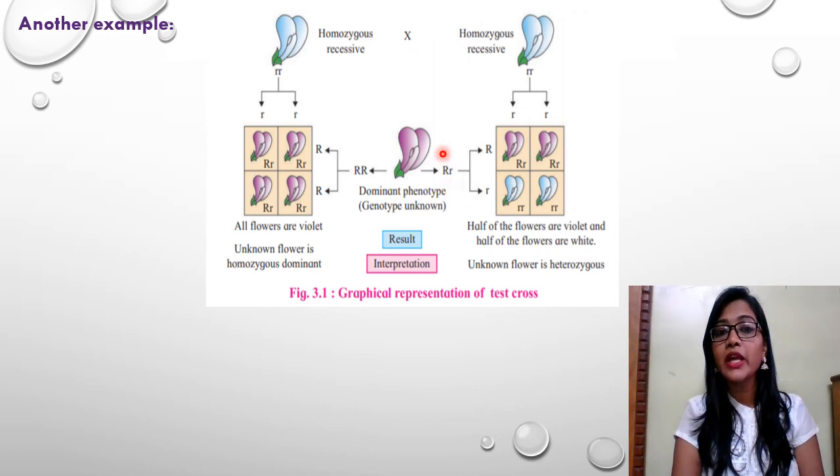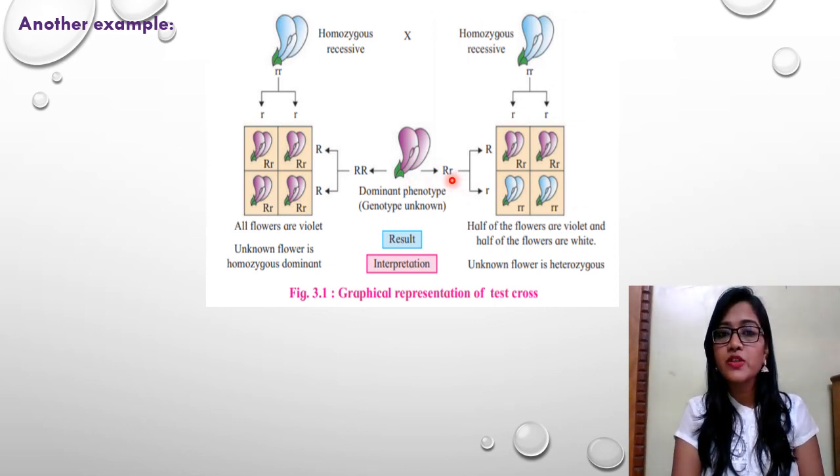If it carries the capital R small r type of genotype, when we cross it with the small r, that is the homozygous white colored recessive trait, then we will get two violet color flowers and two white color flowers, as small r is present in the heterozygous violet color flower.